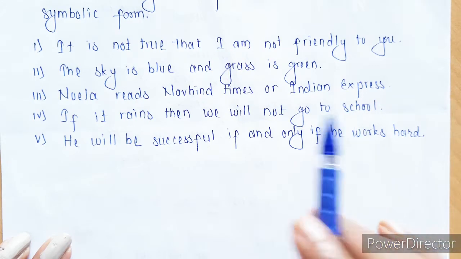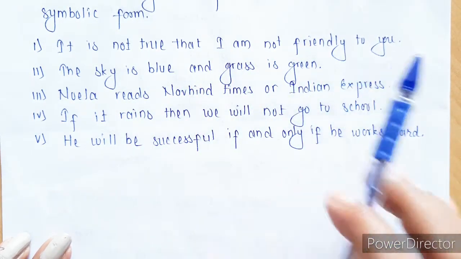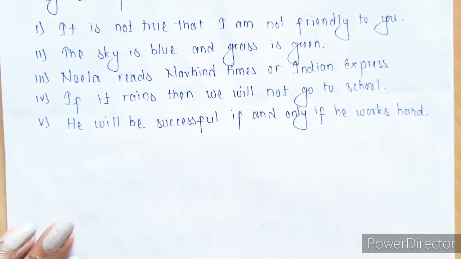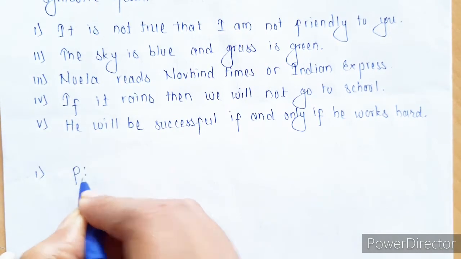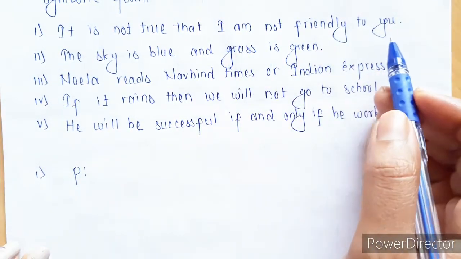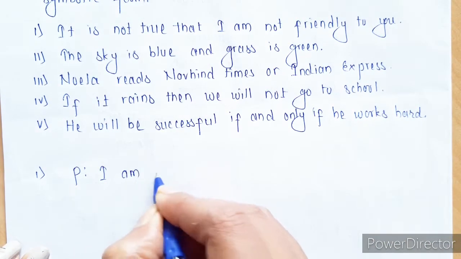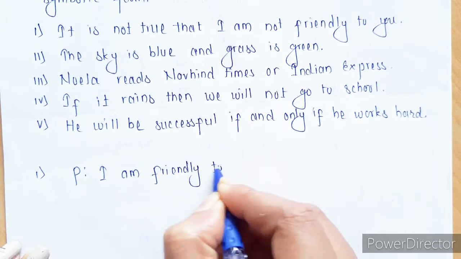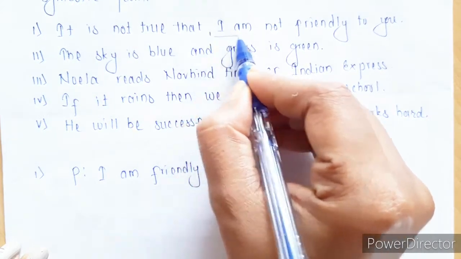The first one we have is, it is not true that I am not friendly to you. Let us write the first statement P. In this case, statement P can be written as I am friendly to you, right. Now, let us look at only this part.